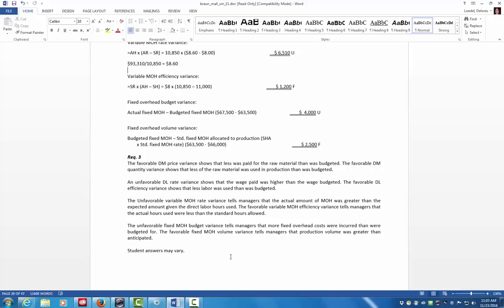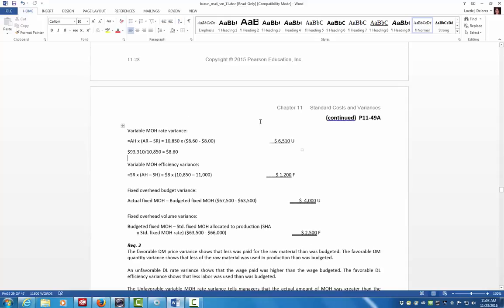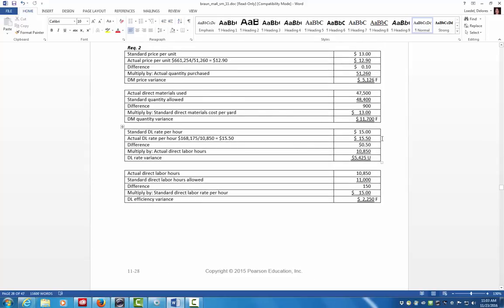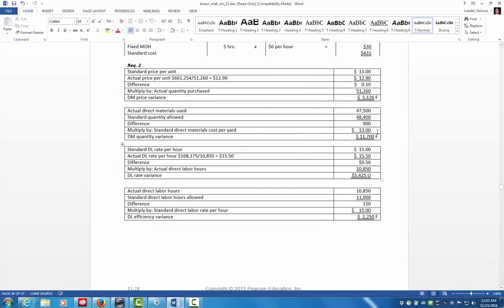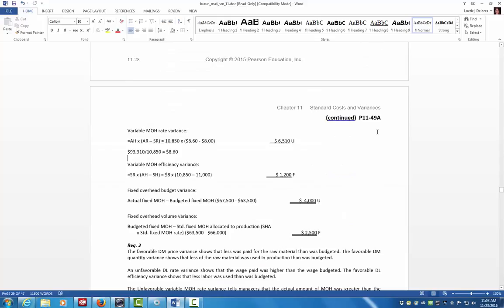Just looking at this, I would think it's possible that our variable manufacturing overhead rate variance being unfavorable because our rate is higher than standard could also be related to the fact that it looks like wages are up in this area, and our direct labor rate per hour was $15.50 versus $15, so those could possibly be interrelated. Those two unfavorable variances. So that's one area. You can look at others and look for interrelations between the information given.